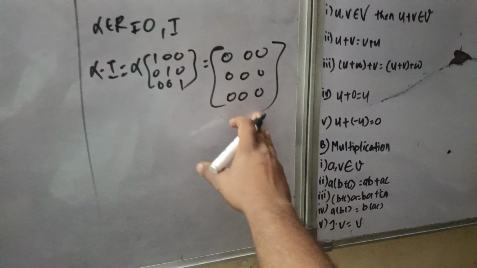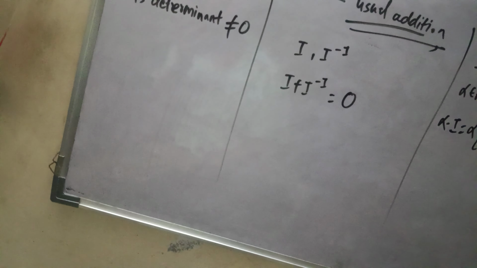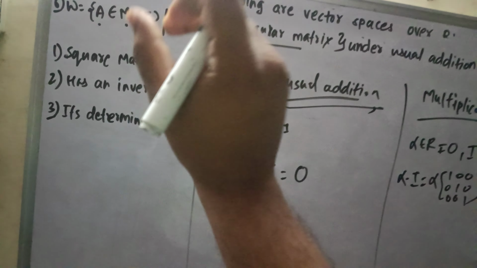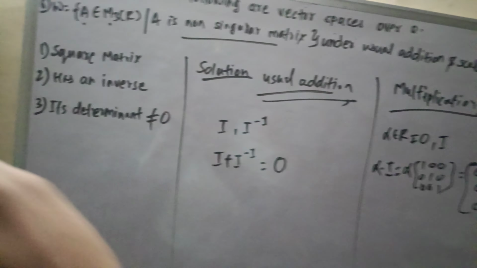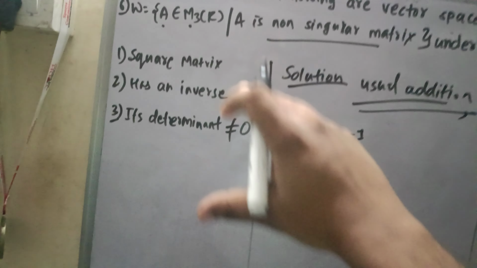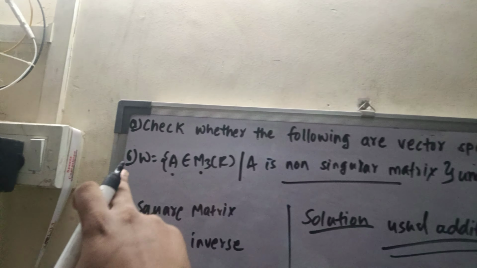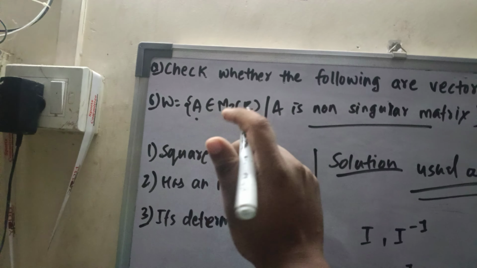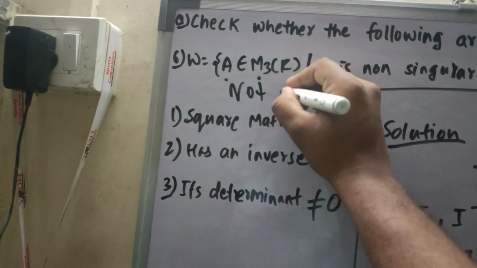Since the 0 matrix is a singular matrix, it has its determinant 0. This automatically dissatisfies our condition, and hence this set is not a vector space.